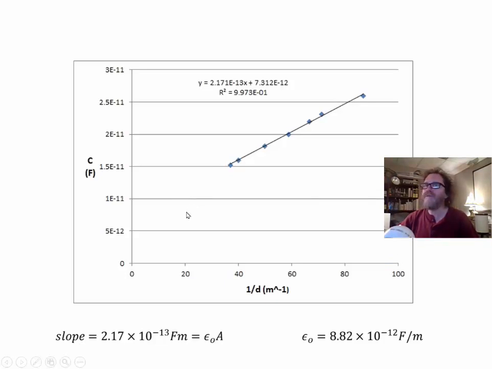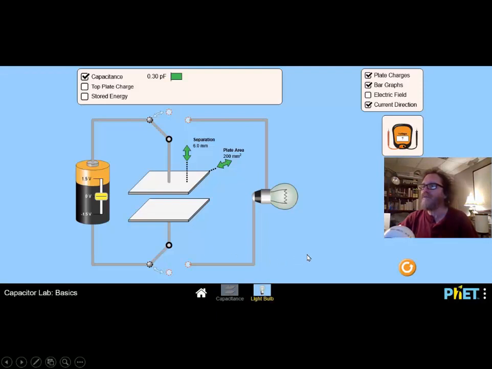So that's how this is going to work. And here's just a screenshot of this simulated capacitor you're going to use. This little green up and down arrow, if you move that up and down, you can actually vary the distance between the capacitor plates. You can also vary the area by moving that other green right and left arrow there.